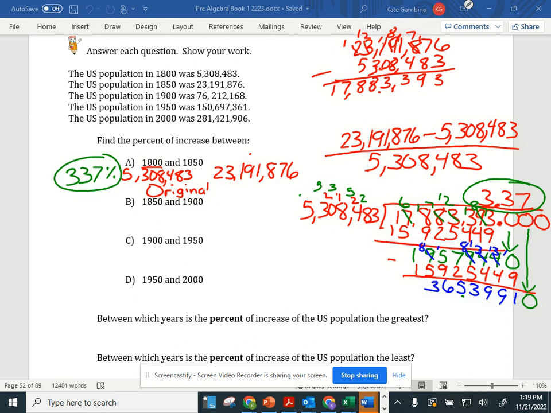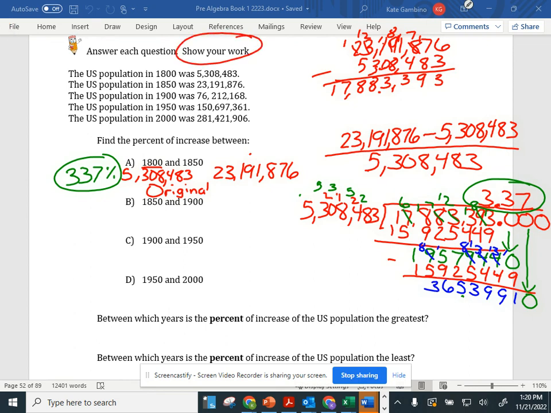All right, so I'm going to give us time to work on this. You know how to use the equation, that formula. You just need to work on that long division. You need to show your work. It says it in the directions. So there's no cheating and going and using your calculator.